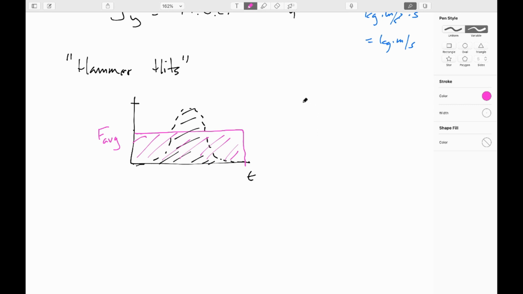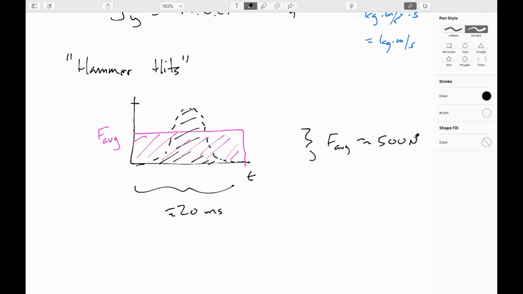So let's say you're trying to design your hammer. You might be looking at the nail and saying, okay, over about 20 milliseconds or so, we feel a force, and based on how the nail moves, we might say that the average force works out to be 500 newtons or something like that.